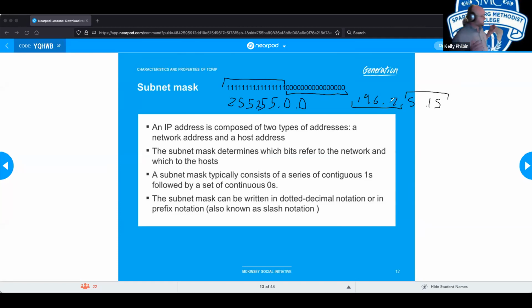Think of it like you're going to a city. The first two would tell you which city you're going to. Say it's Atlanta. So it looks at that first part of the address and goes, okay, I need to send this package to Atlanta, Georgia. When that packet gets to Atlanta, the routers inside Atlanta will go, okay, this needs to go to Mark's house, and he lives at 555 East 3rd Street.